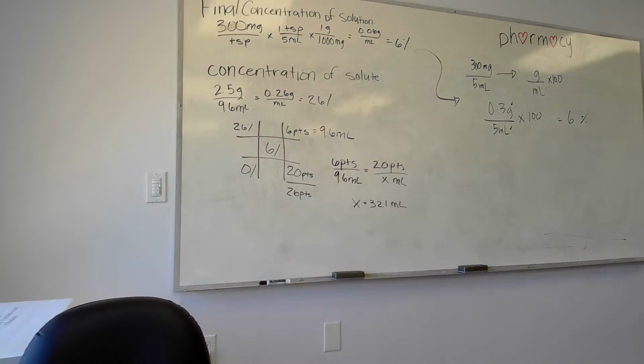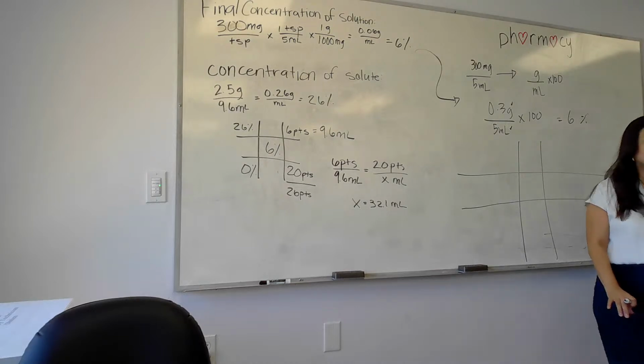Because the question was how much water, correct? Which means you can also use C1V1 equals C2V2 in this problem, because we already calculated it in terms of percent. And I think the way to solve this problem is to start off with percent.